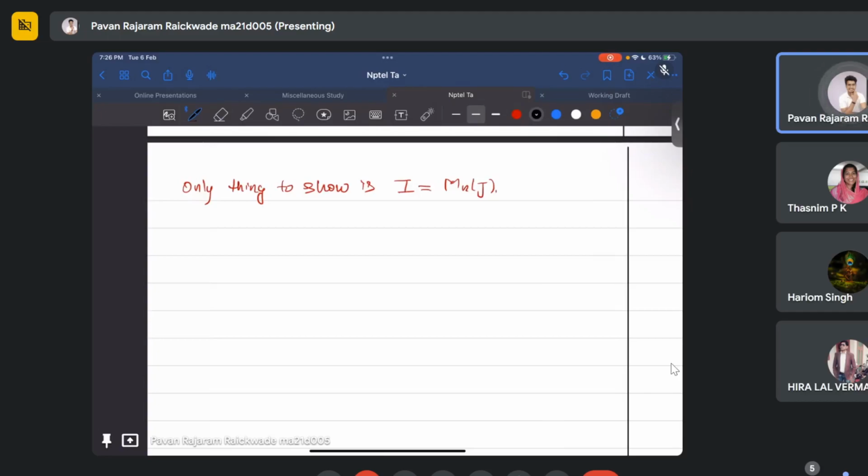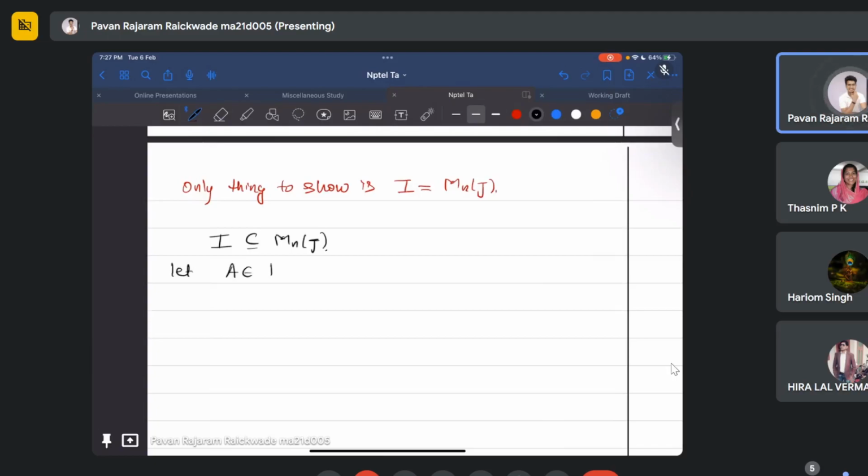So one side is always true. Which side is always true? I is contained in Mn over J. This is always true. You want to show the other way containment. Oh, it's heavy work.